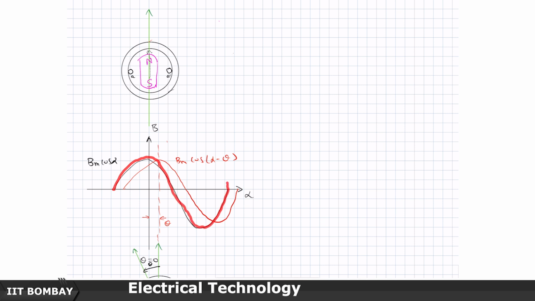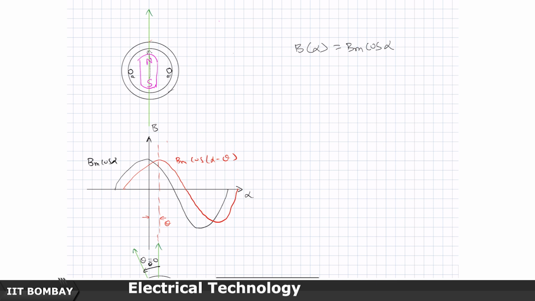So, as I move across, I can write B as a function of an angle alpha, where alpha is the angle with respect to this axis, which is fixed for this coil. If I go to an angle alpha, then B is equal to Bm cos of alpha. This is the sinusoidal distribution that we have created.